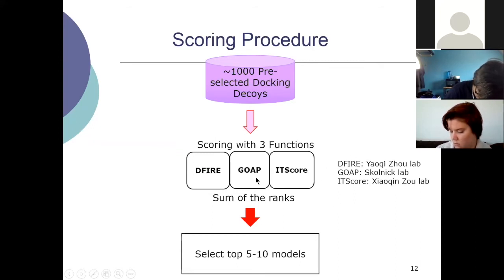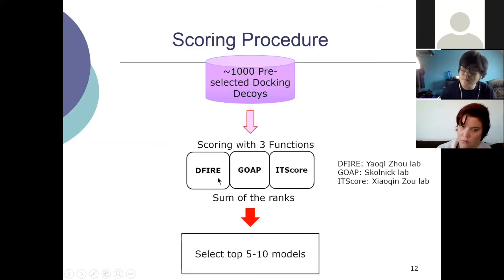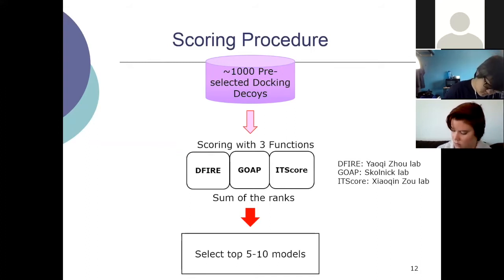What these scoring functions do is count statistics of atom interactions, angles, and distances in experimentally determined structures, the structures determined by X-ray. If a model agrees with the known statistics, this score will give it a better score.